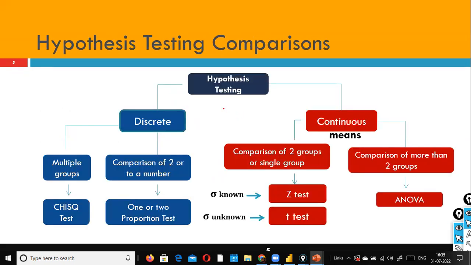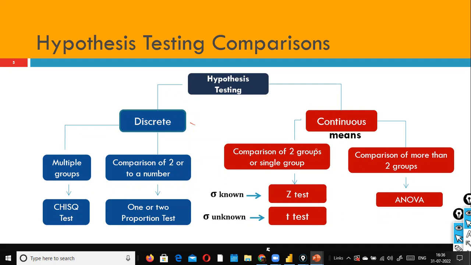Just a quick comparison of the different types of hypothesis tests at a high level. We can do hypothesis testing for discrete variables and continuous variables. In the case of a continuous variable, we compare a single group or two groups, comparing the sample mean with the population mean, or more than two groups.